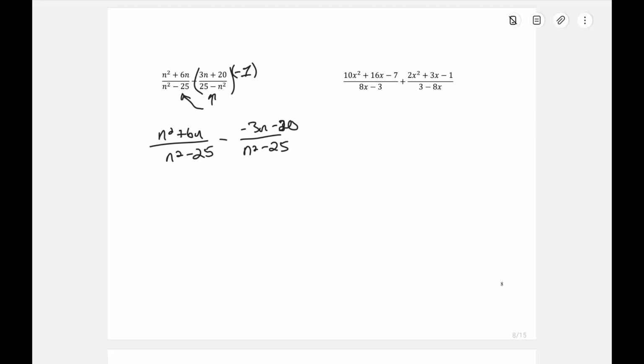We can do what we did before with the common denominators. We can do n squared plus 6n minus, in parentheses, minus 3n minus 20, all over n squared minus 25.